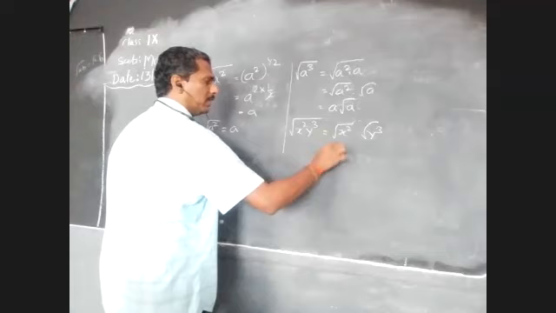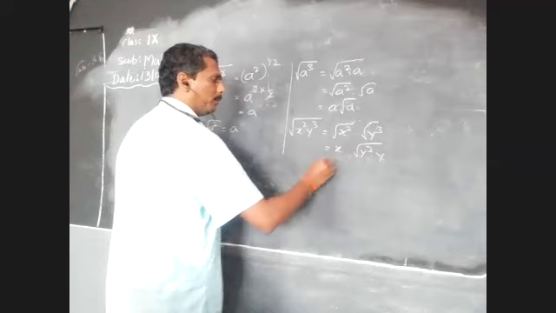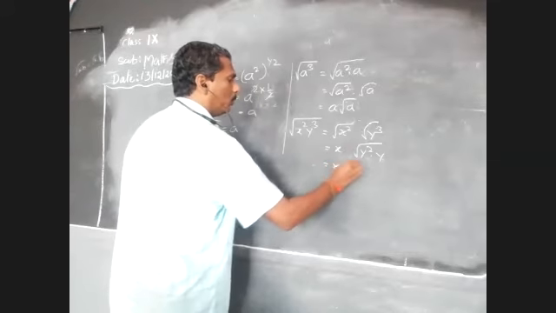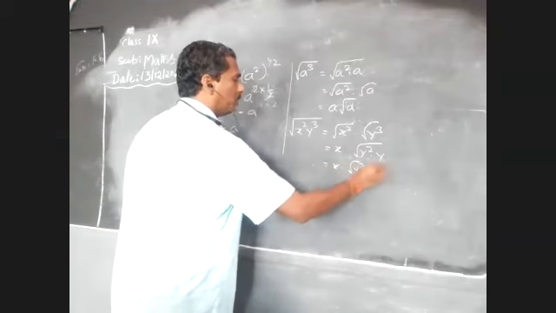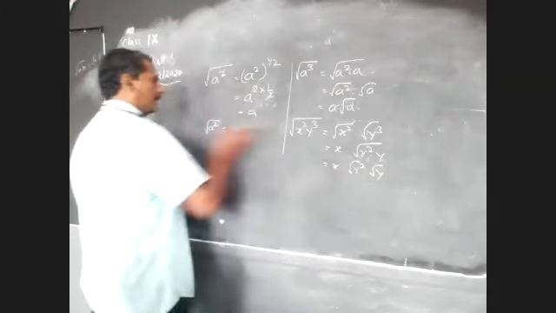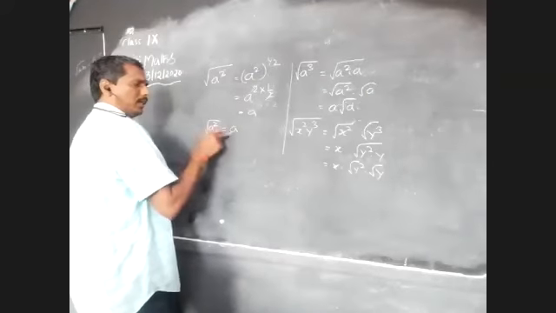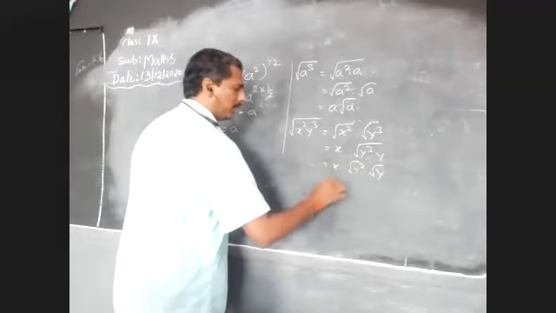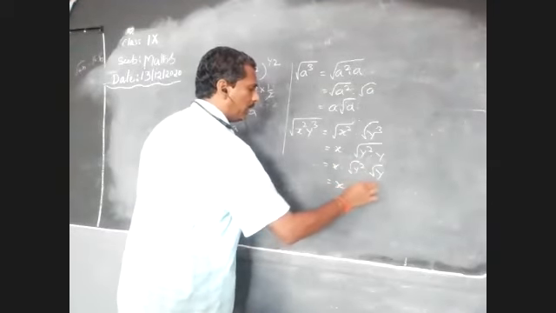And root of y cube can be written as root of y square into y. So again it is in the form of root of AB. Root of AB formula is root A into root B. So x into root of y square into root of y. Same like this only. The root of x square is x, root of y square is y, root of y.